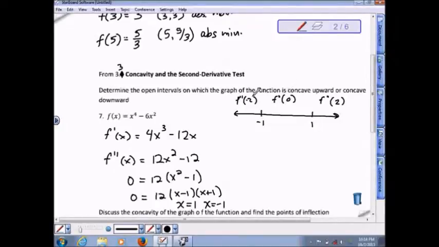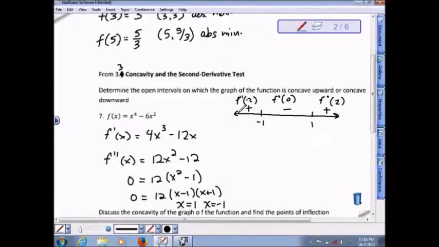So if a -2 is plugged into the second derivative, we have here -2 squared is 4, -1 is 3 times 12, that's a positive value. But if 0 is plugged in, 0 squared is 0 minus 1 is negative times 12, it's a negative value. And here 2 squared is 4 minus 1 is 3 times 12, it's a positive value.